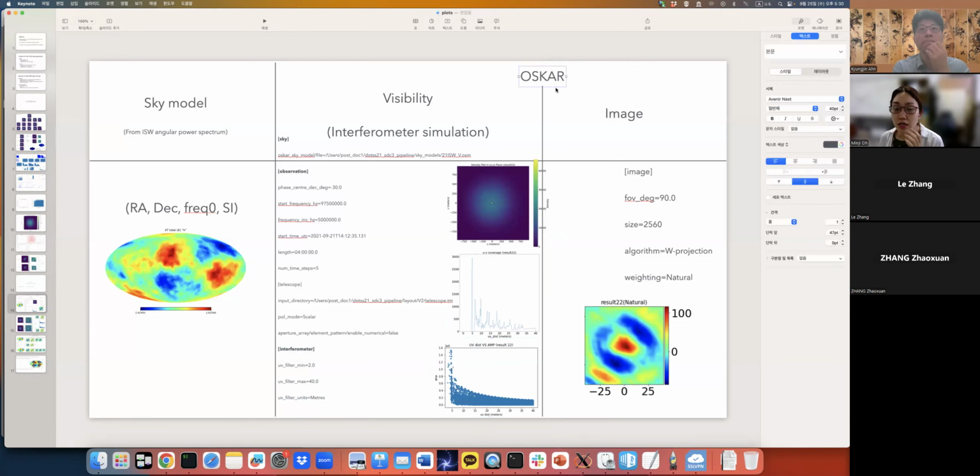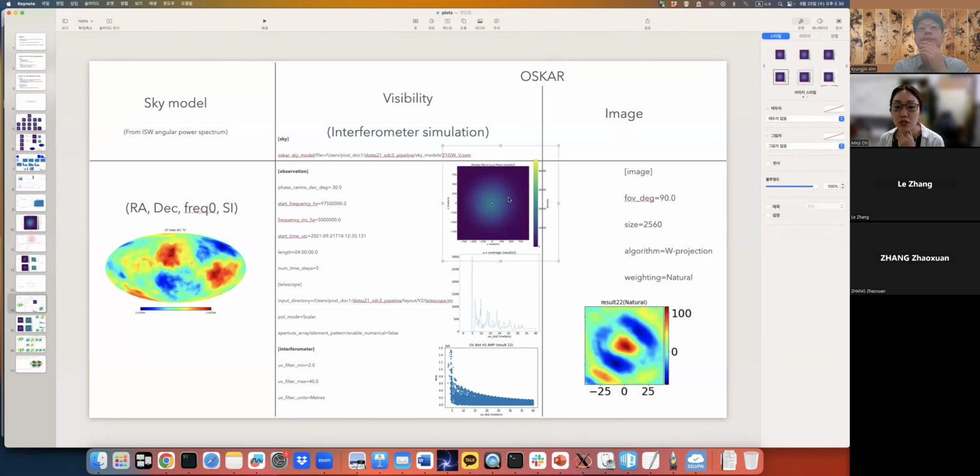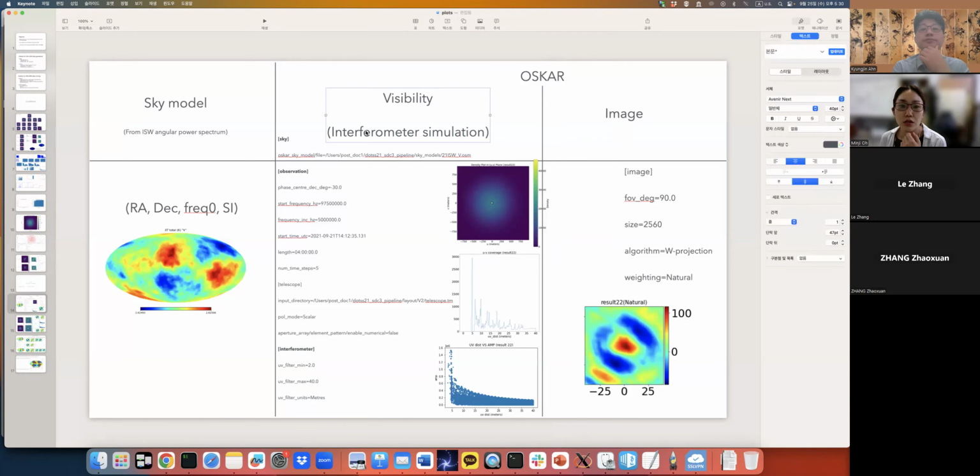OSKAR also has an imaging option, so using this visibility data we can make an image from it. Using the output of this interferometer simulation, we make the image.